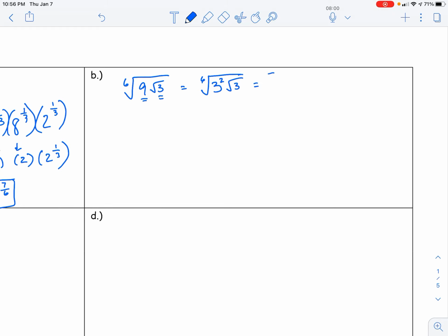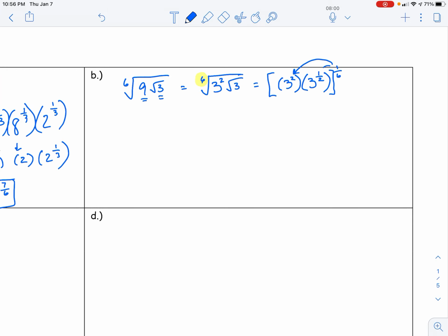And then I'm going to pull them out, like I've been doing, into brackets and parentheses. So I'm going to pull the 3 out, 3 squared, and the square root of 3 there is 3 with an exponent of 1/2. But the whole thing, because remember over here, you got to keep thinking about that guy. The whole thing would be raised to the power of 1/6.